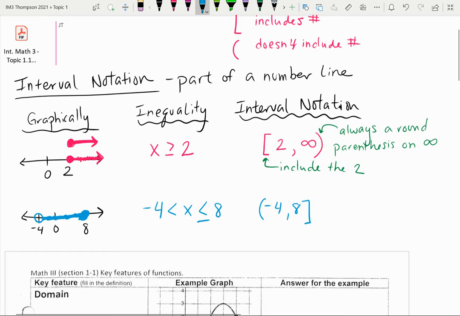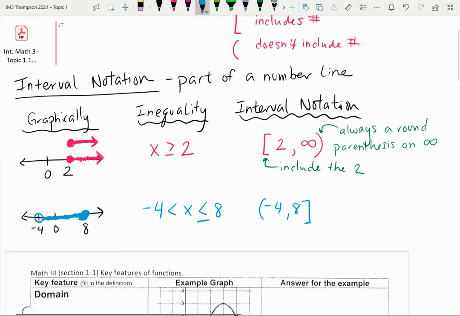So this would be like -1, -2, -3, -3.5, -3.8, -3.9, -3.99, but not -4. So if it doesn't include that number, then I use this round bracket to say the numbers go all the way up to -4, but don't actually include -4. Now, if the number comes to 8, and I actually touch 8, 8 is included in my interval, then I use this square bracket to show that, yes, 8 is part of the solution.